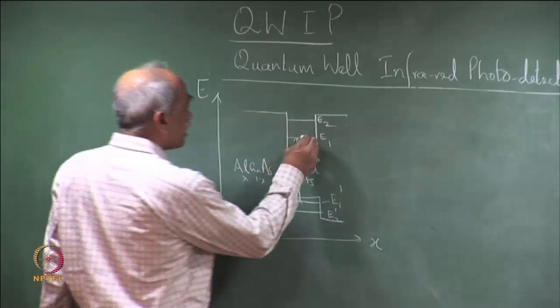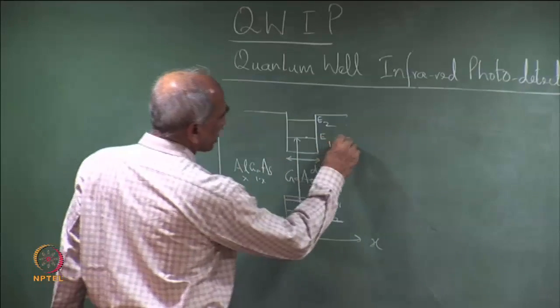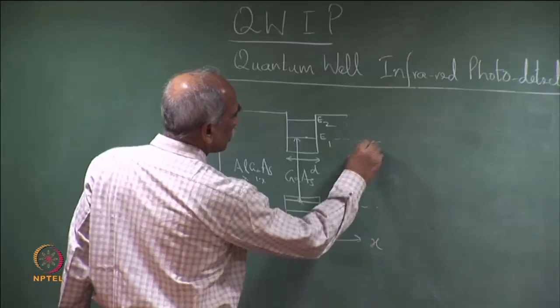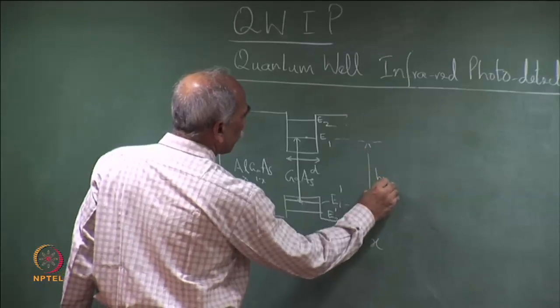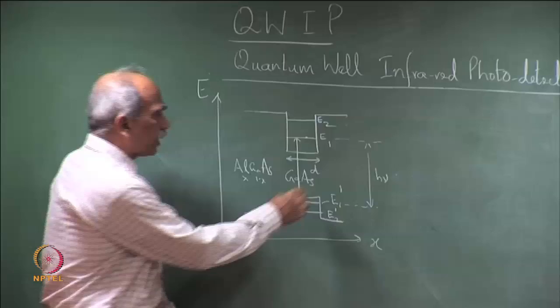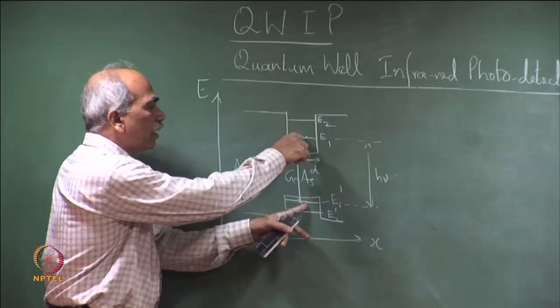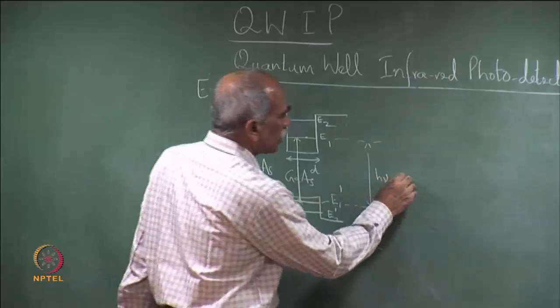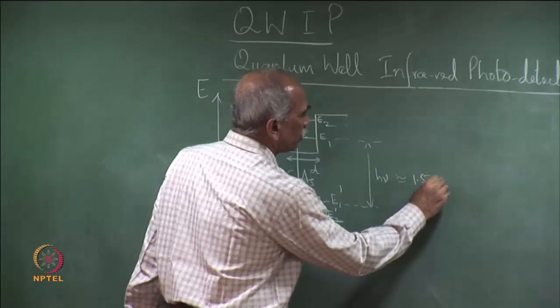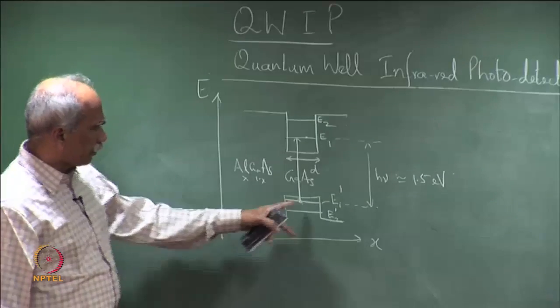This would require an energy difference which corresponds to this. So, the h nu should correspond to this. If we take gallium arsenide, as we know, Eg is about 1.42 eV, and therefore this will be even larger than that. So, h nu is approximately of the order of 1.5 eV.